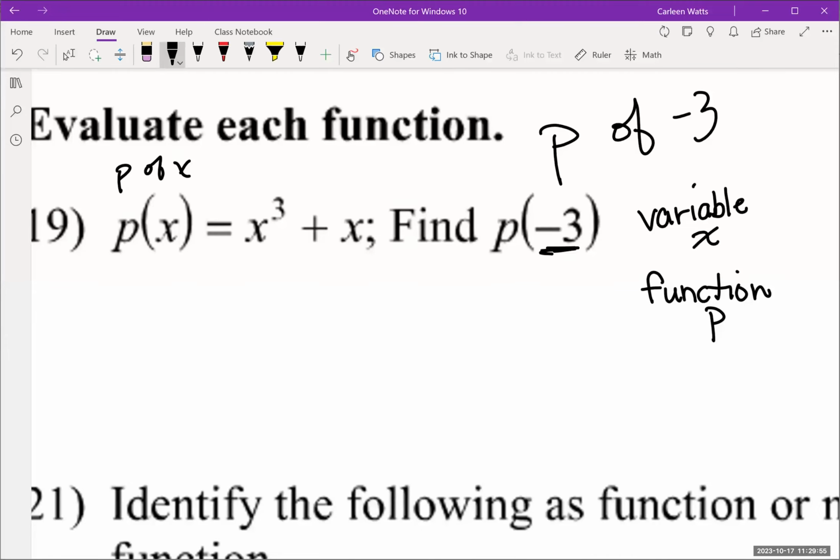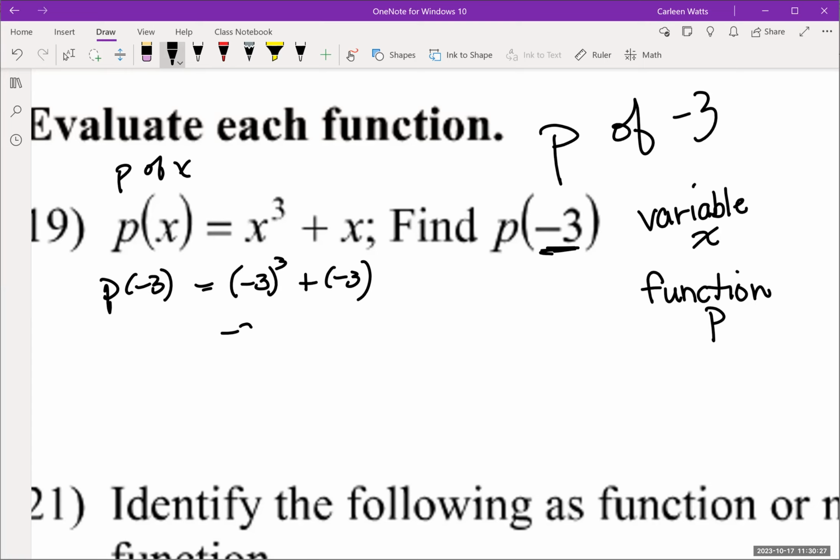So what are we going to do with that -3? We are going to plug it in everywhere we see an X. So P of -3 is parentheses -3 cubed plus -3. Notice when you plug a negative number in, plug it in with parentheses. Calculator, parentheses, -3 to the third power.